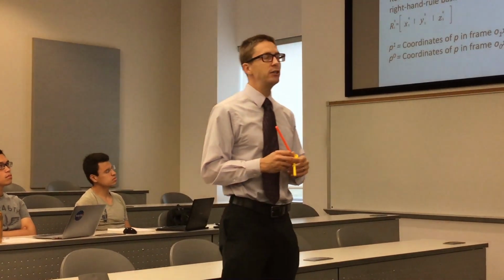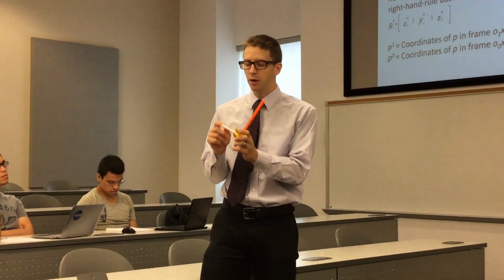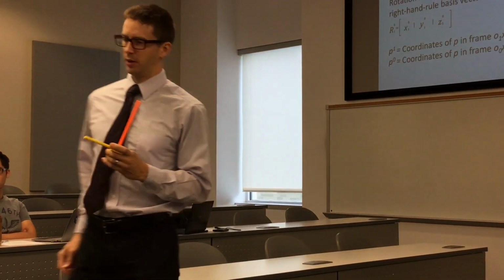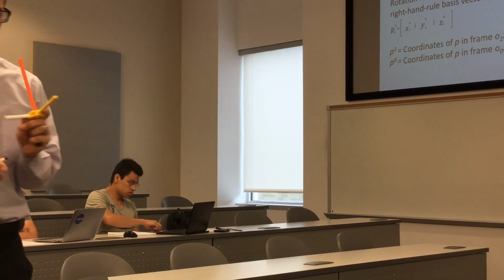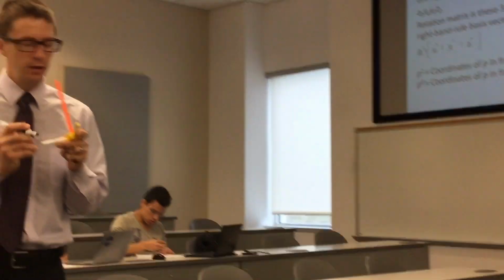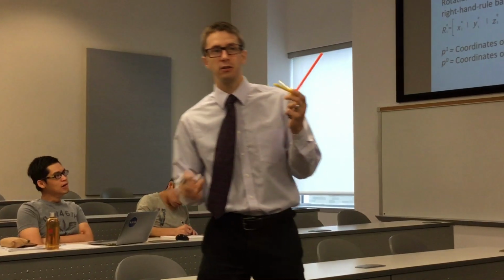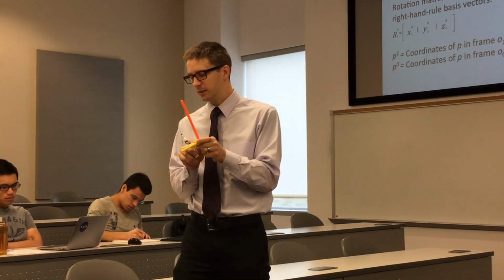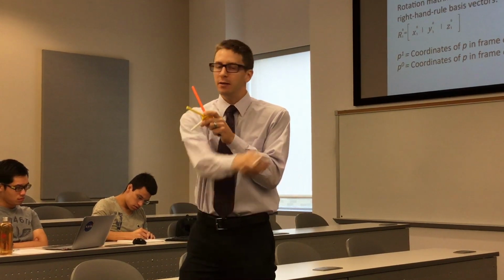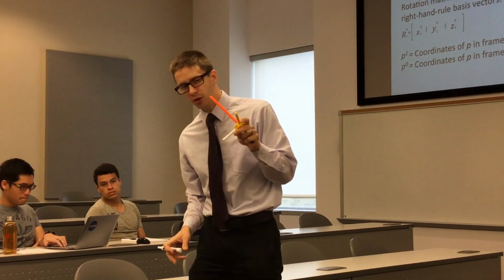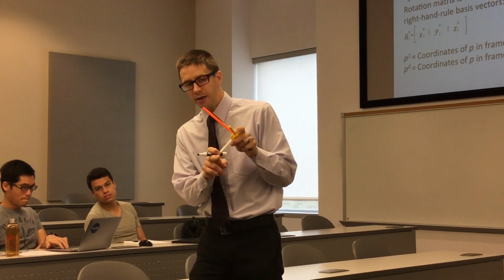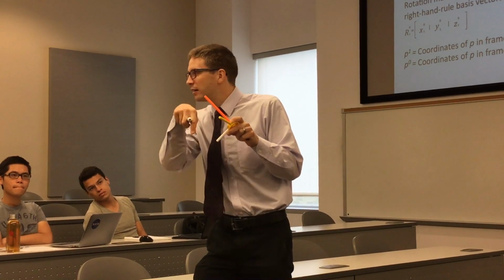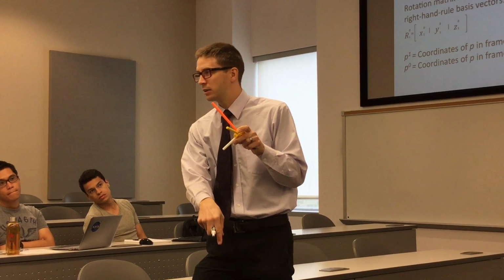But these rotation matrices are just telling you, so here you can see it's labeled X. It says X on here for the white one. And so this rotation matrix, the first column is saying, what is X1? This is X1 in my base frame. If you look right now, X1 is a little bit in the X, a little bit in the Y, and a lot in the negative Z direction.